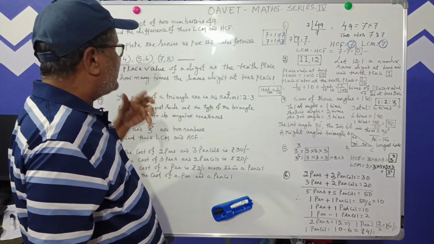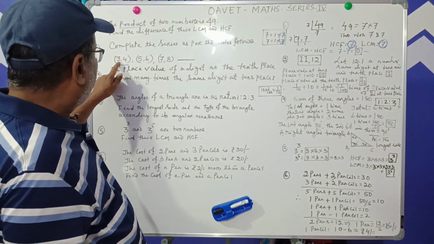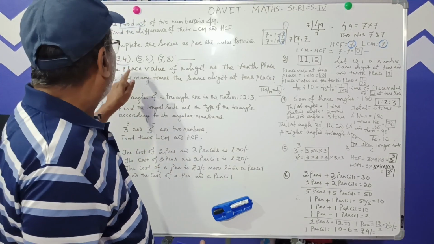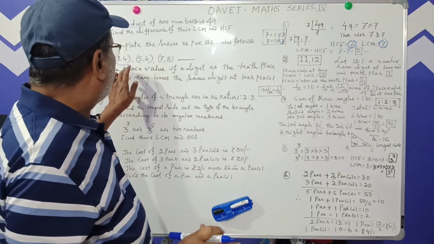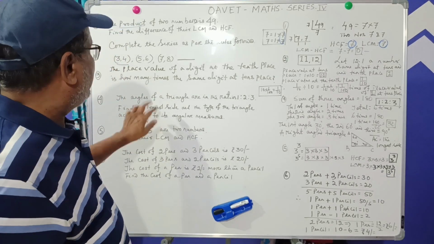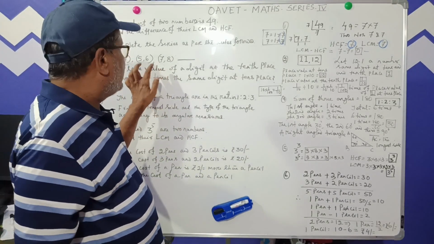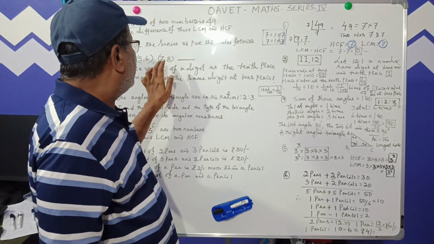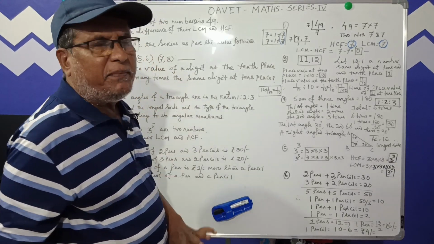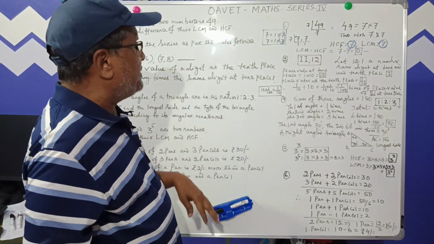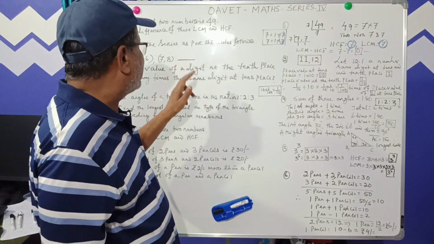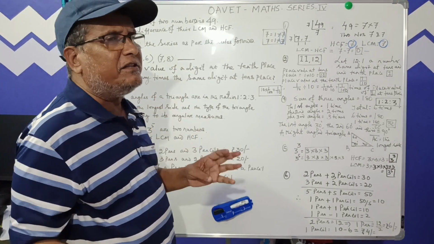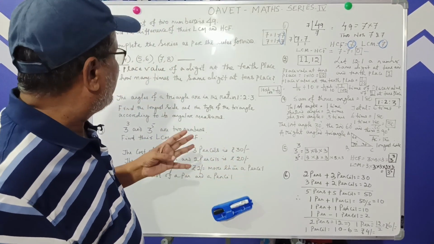Look at the logic. 3 is a prime number and 4 is a composite number, a prime-composite pair. Here 5 is prime, 6 composite. 7 and 8, that is a prime and composite pair. Then find out what the next prime number will be. 9 is not a prime number. 10 is not a prime number.